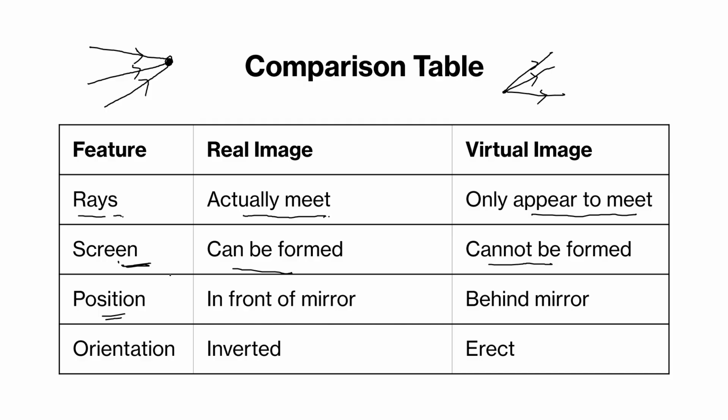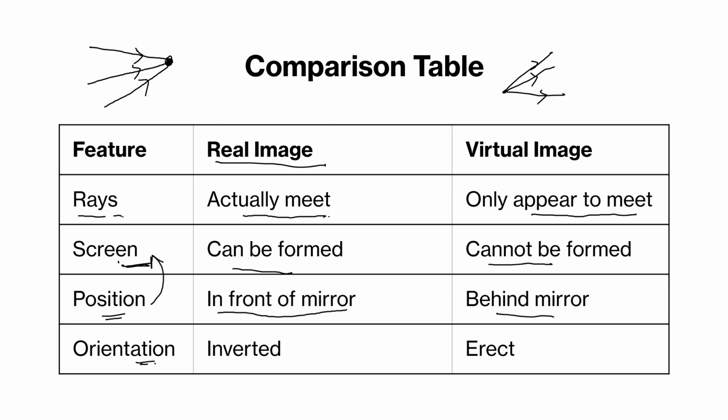Position means where you will get this image. If it is a real image, it will be formed in front of the mirror. If it is a virtual image, it is formed behind the mirror. Behind the mirror doesn't mean the back side of the mirror; it is formed way behind, inside the mirror.